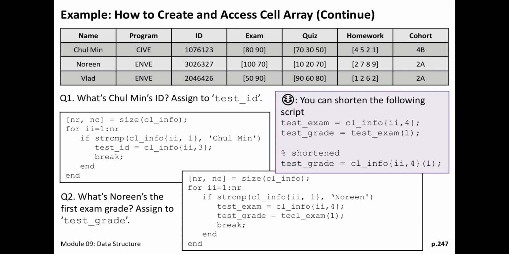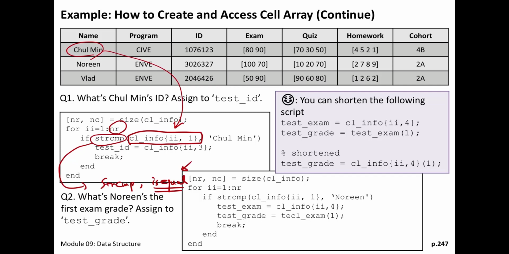Okay. To do so, first you need to make a loop structure where the iterator is set to 1 to the number of rows. Okay. And then read the individual name. This is the name, Chalmers. And then you need to compare this string. I guess one of the tutorial problems explained this one. You can use isequal. I guess you already used isequal in the word find puzzle, right?